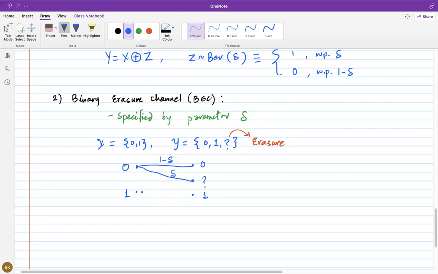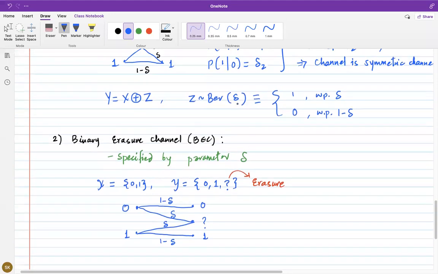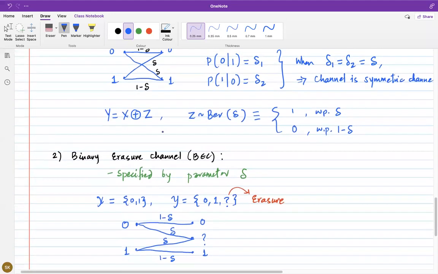Similarly, from 1 to 1 you get probability 1 minus delta, and from 1 to question mark you get probability delta. So this delta here is known as the erasure probability of this channel, whereas in the earlier case, this delta was known as the crossover probability of the channel.